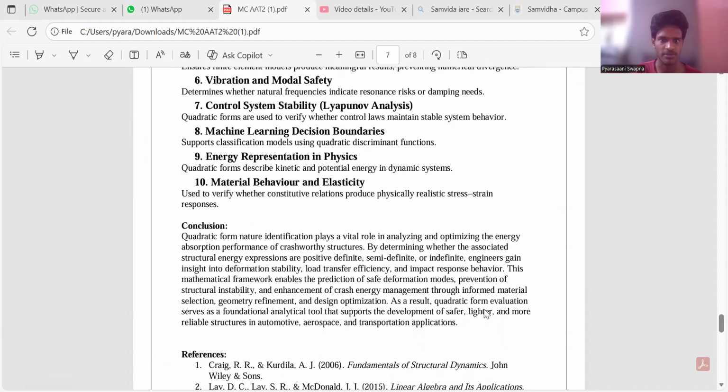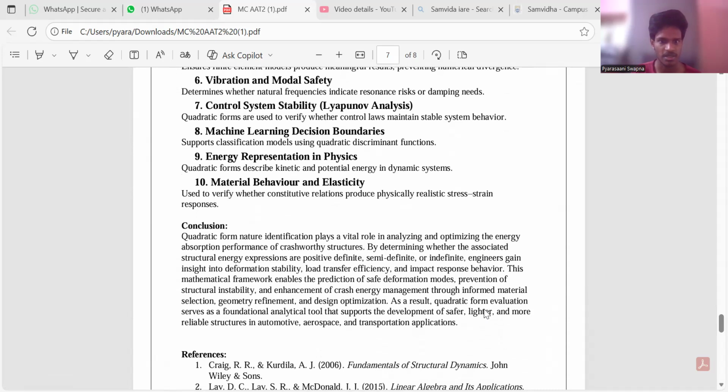Conclusion: quadratic form nature identification plays a vital role in analyzing and optimizing the energy absorption performance of crashworthy structures by determining whether the associated structural energy expressions are positive definite or indefinite. Engineers gain insight into deformation stability, load transfer efficiency, and impact response behavior.